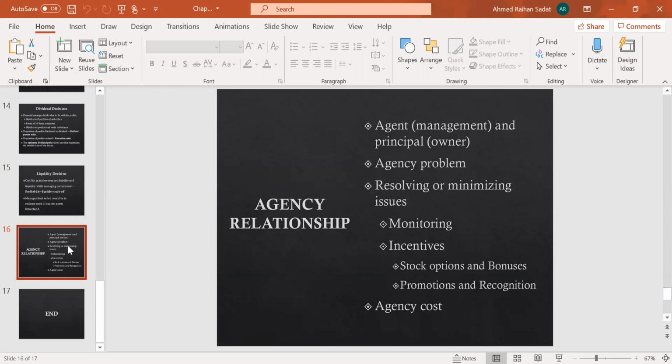It's not an argument that you're having, it's a conflict of interest. How does it happen? Let's say the owners definitely want their wealth to be maximized, but if the agent or the management do not work in alignment with that principle, then that's the problem.